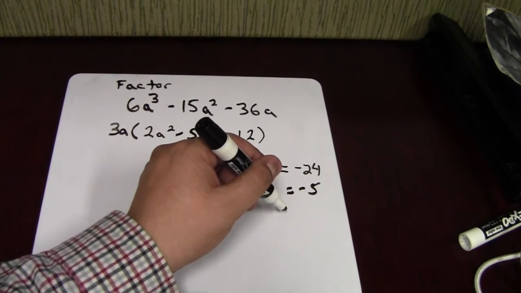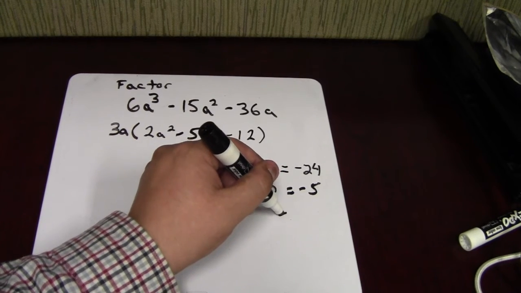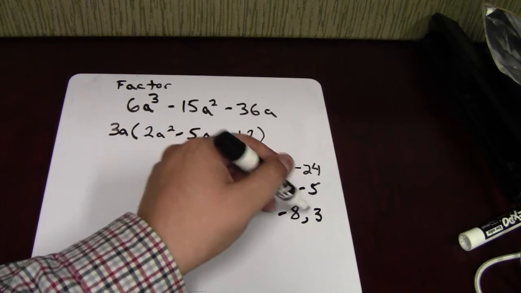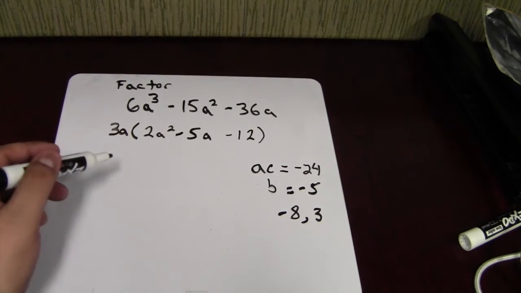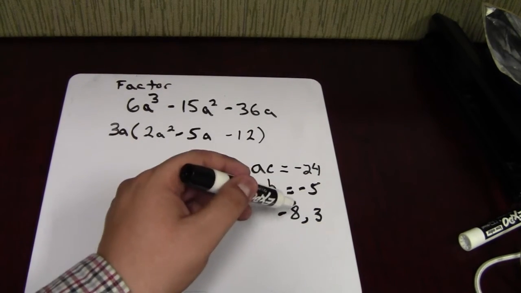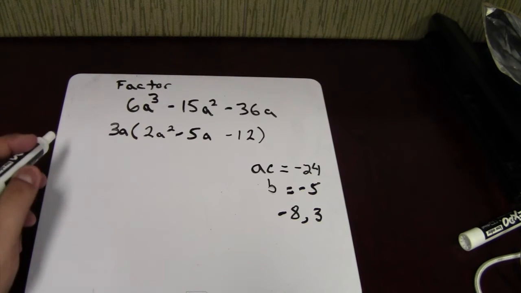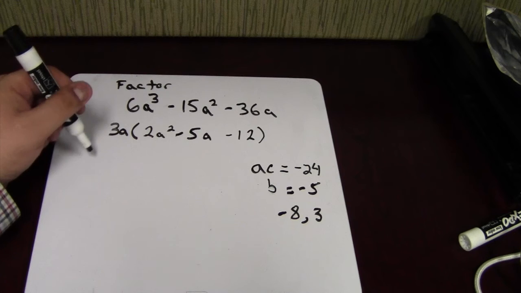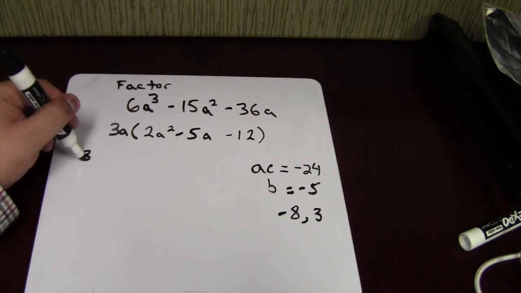What if I made the 8 negative here and the 3 positive? Well, multiplying these two would give me negative 24, and adding them would give me negative 5. So those work. So let's now rewrite what we have.